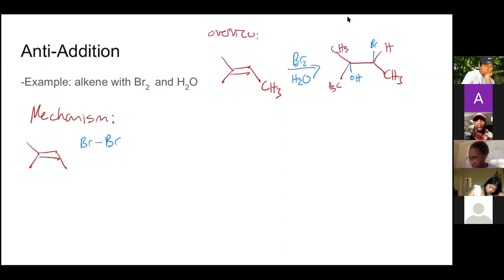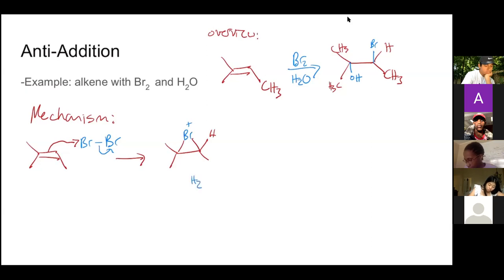So I'll go ahead and draw my arrow from the double bond attacking the Br2. That creates the Br minus. And then we create our triangular intermediate, or our bromonium ion. And again, since this is the exact same alkene, our left carbon is going to get attacked, not by a bromine, but by a water molecule.